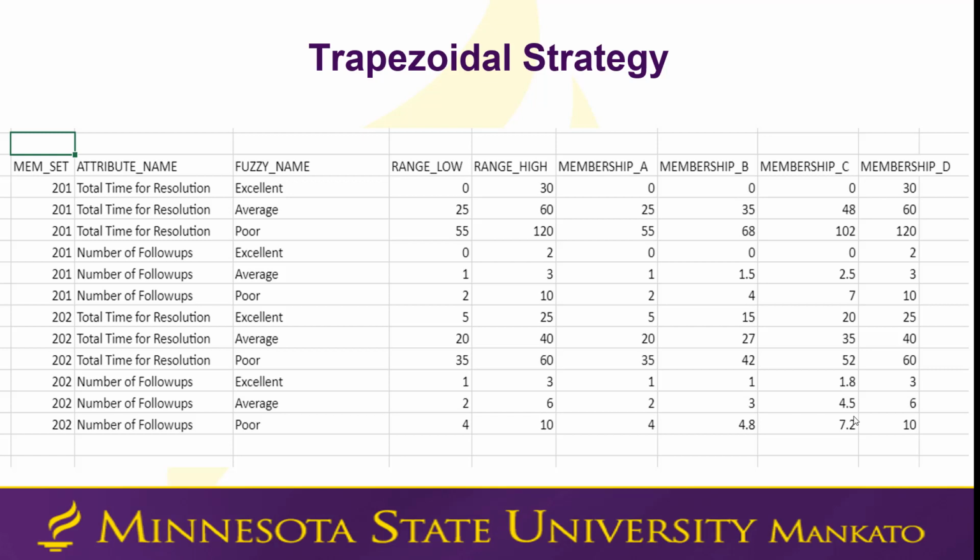If it's from 25 to 60, that is average. And if it's 55 to 120, that is poor. We do that based on the different membership sets that we have. Then we have membership A, B, C, and D, which was the result that we got from our trapezoidal strategy.